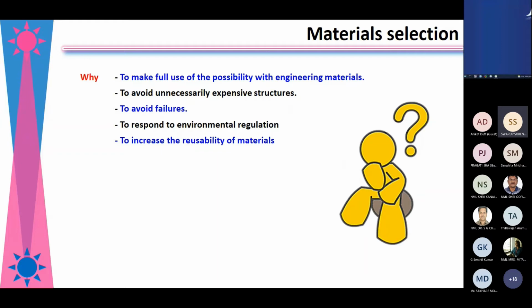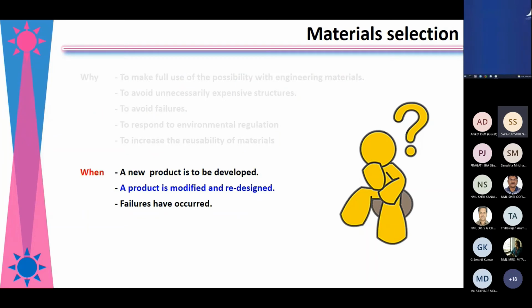To respond to environmental regulation, definitely, as I discussed earlier, now all the governments in the world know that we have to save our environment. We cannot leave it unregulated. So we have to respond to those regulations and increase the reusability of materials. Why to do that, we know.